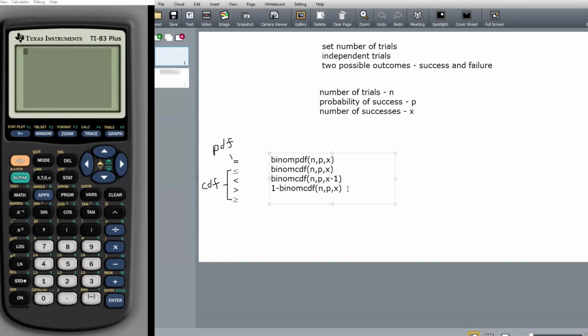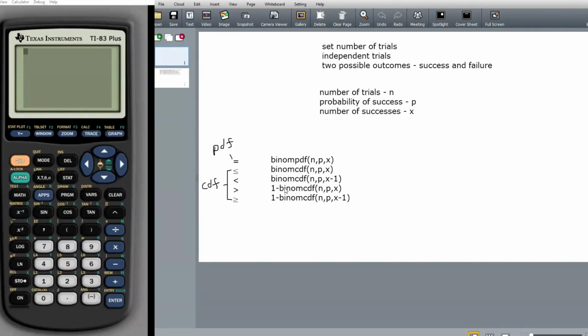And for greater than or equal to, I need 1 minus binomial CDF, parentheses, N, P, X minus 1, close parentheses. Now I can either do the 1 minus before I plug in the binomial distribution, or I can calculate the binomial and then subtract my answer from 1. Both would give me the correct answer.